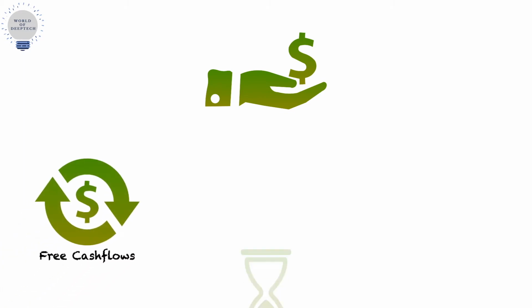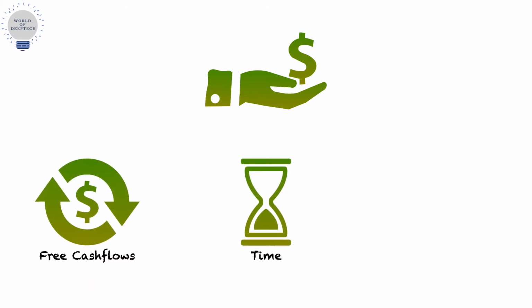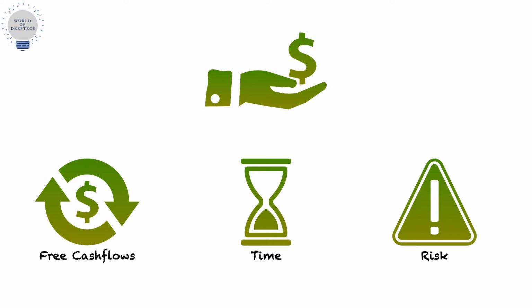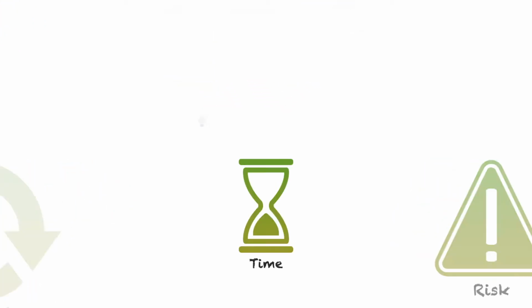It determines the value of the asset based on the free cash flows that can be generated over time and discounting those cash flows using a discount rate that accounts for the risks inherent in them. Let's look at it in some detail.